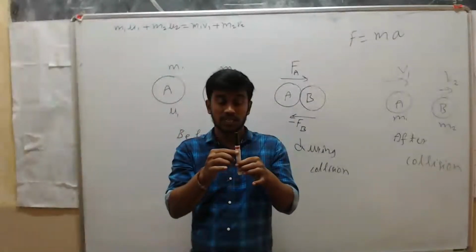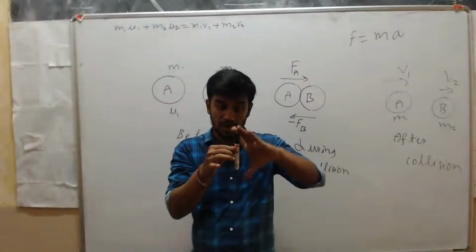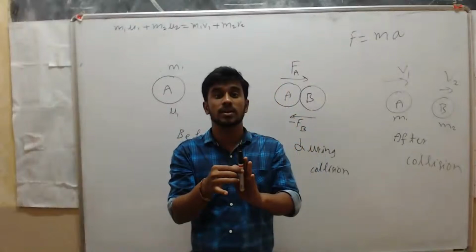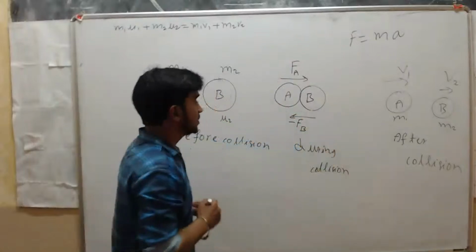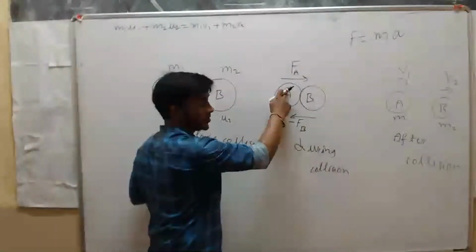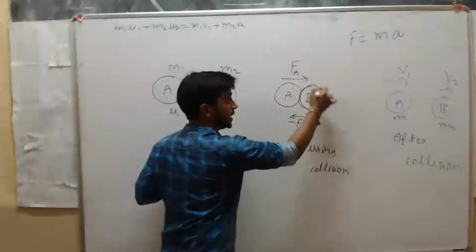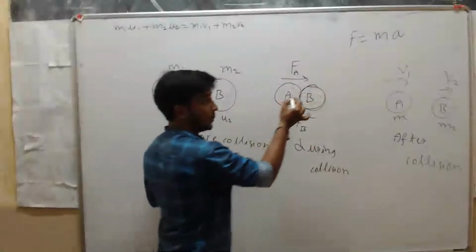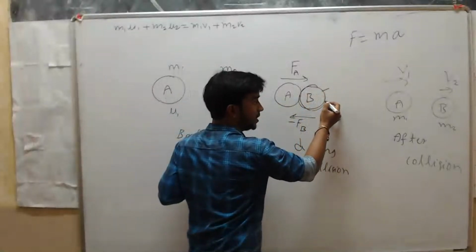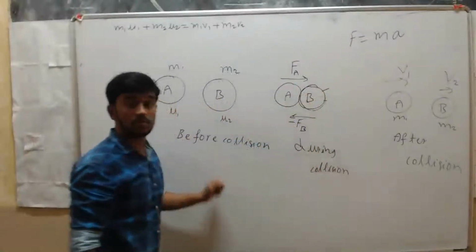I am applying a force, but you should take the mass of this marker and the acceleration of this marker. So here, object A is applying the force on B, so you should take the mass of B and the acceleration of object B only.